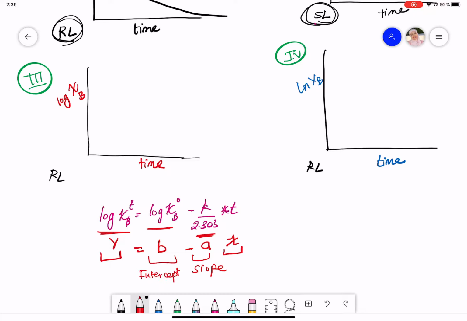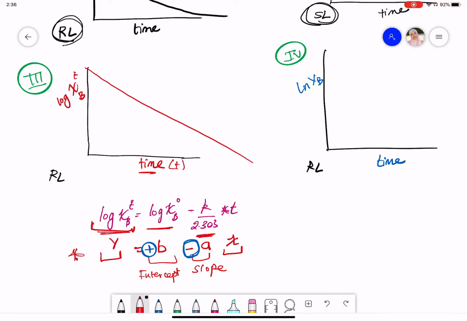And as we mentioned before, make sure that you know the signs that you have for the slope and the intercept. So accordingly, if I want to draw this equation, log Xp at certain time versus time, this will be linear because we have a linear equation.